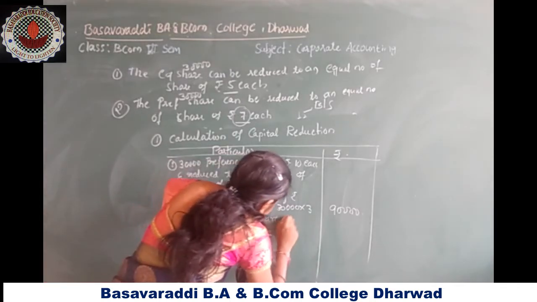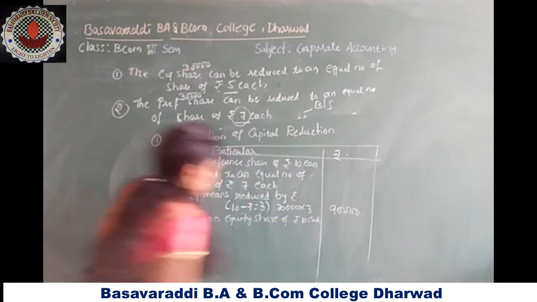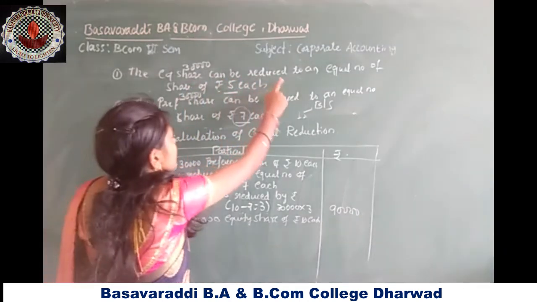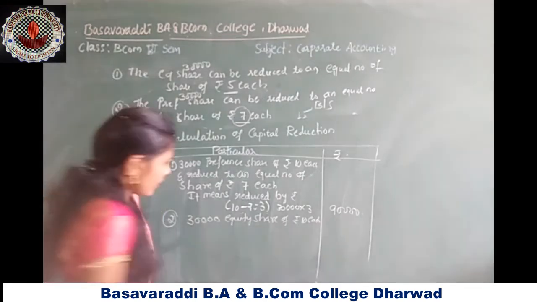Equity shares of rupees 10 each can be reduced to an equal number of shares of rupees 5 each.